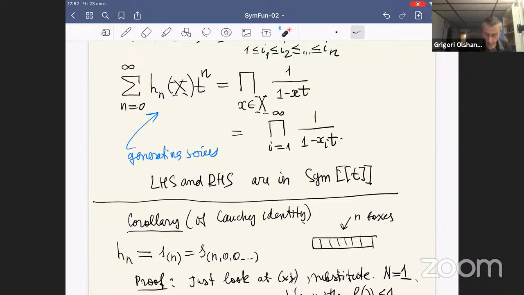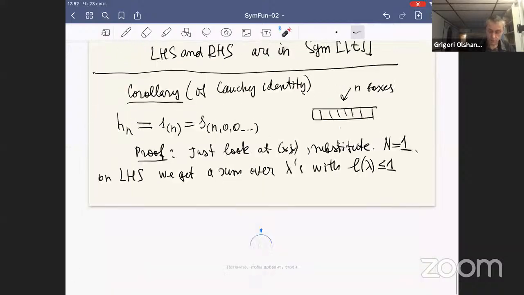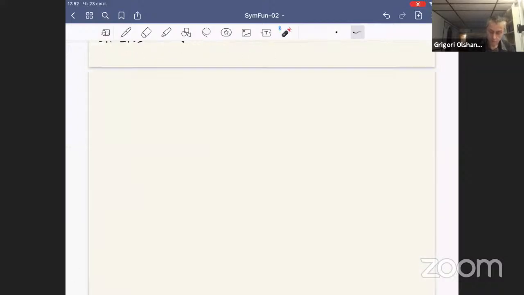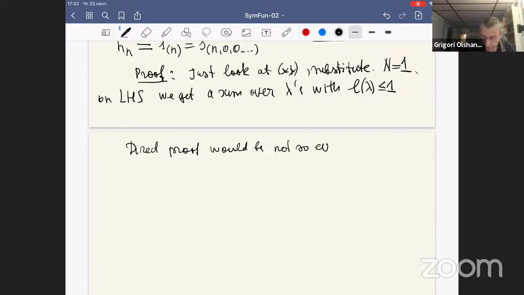And if you want to use the initial definition of the Schur polynomial, so what does this mean? A direct proof would be not so evident.